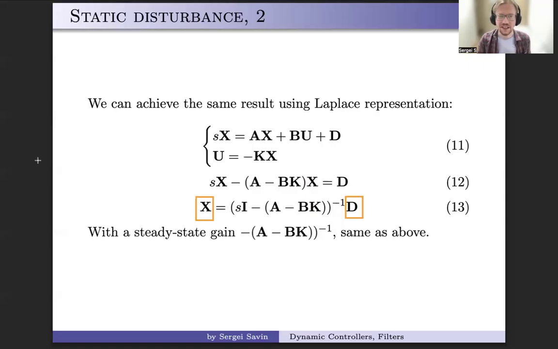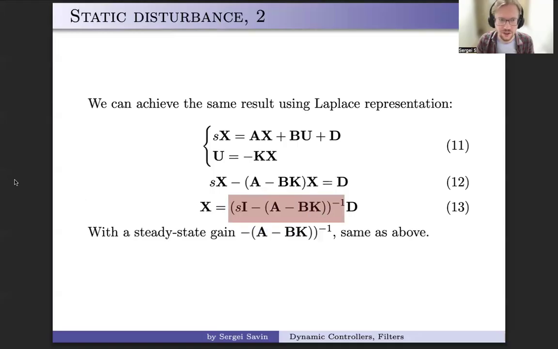Now, what is the static gain, static steady state gain, right? Well, the way we do it is we cancel everything that has S. To compute steady state gain, we take the transfer function, we get rid of everything that has S in it. Now let us remember that this is a transfer function.